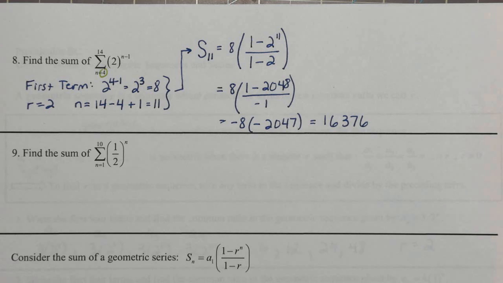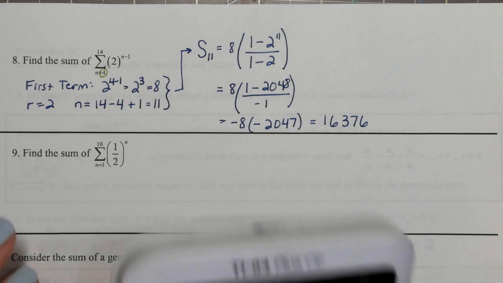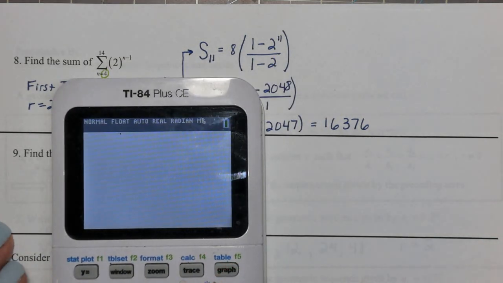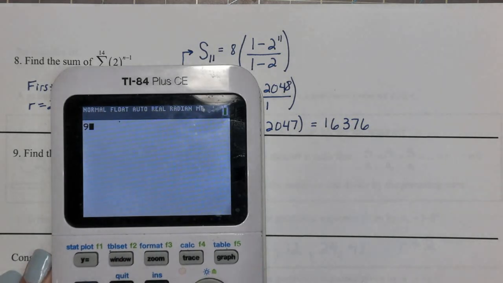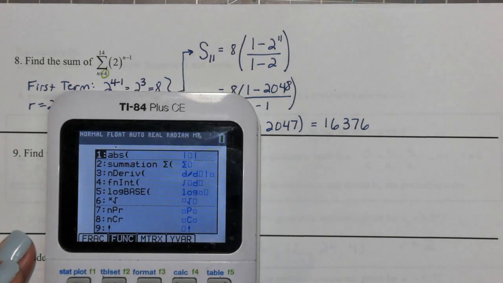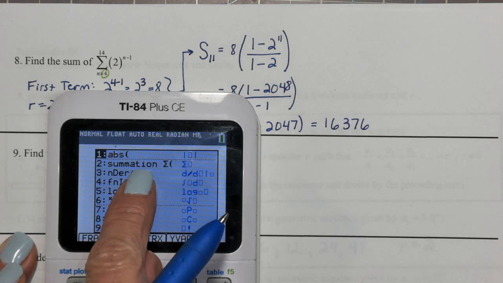Okay, by the way, let's check this answer. On your calculator, there is a function. You will not have a calculator for the test, by the way, so you can't do this on the calculator, but it's a good way to check your answer. Under alpha F2, the second one down is the summation.